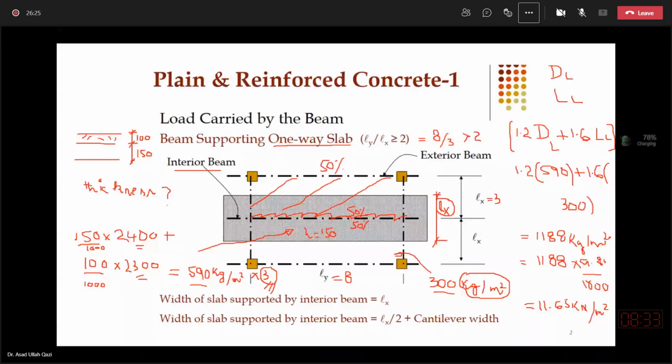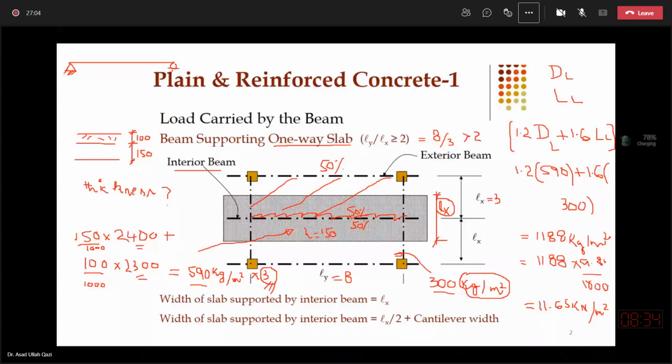So this ultimate pressure multiplied by 3 will give me the UDL on this beam. So this beam, which has a span of 8 meter and is resting on other beams, spandrel beams. So this is a secondary beam and it is resting on this primary beam. So this can be considered as a beam which is secondary and resting on the primary, or you may call them spandrel beams.